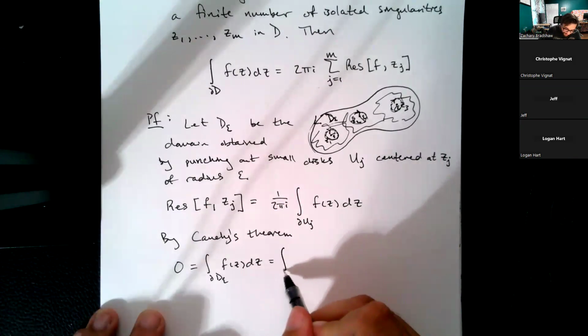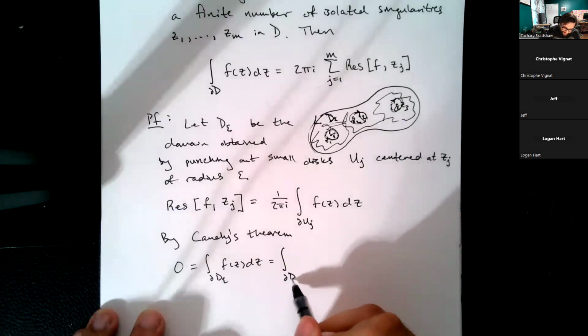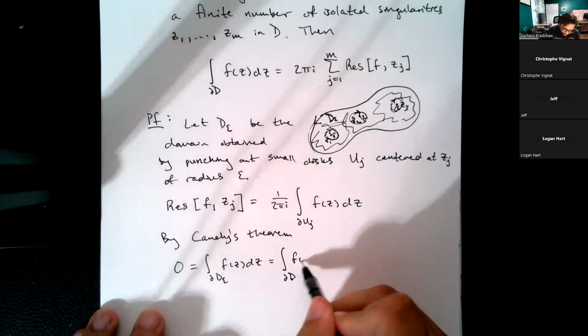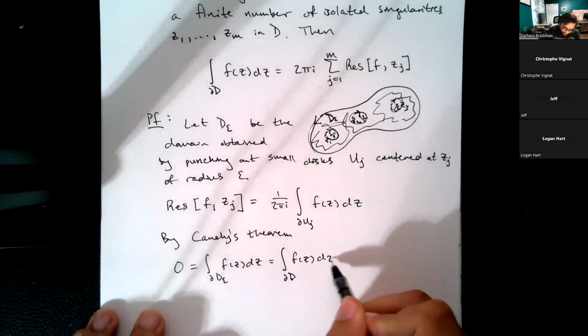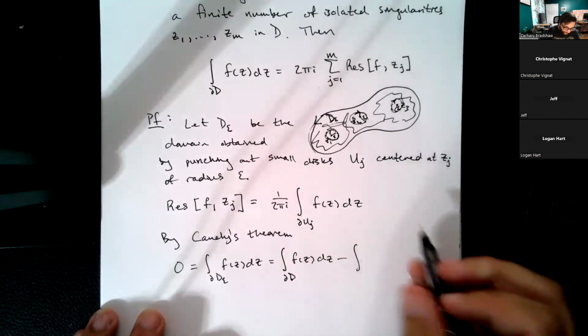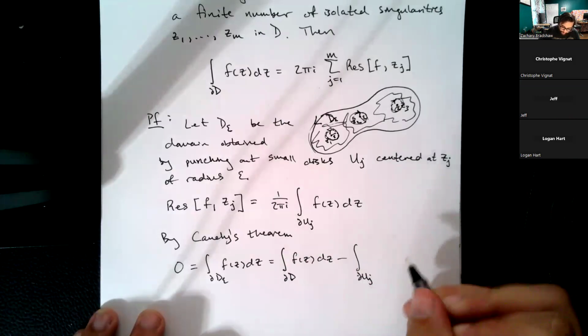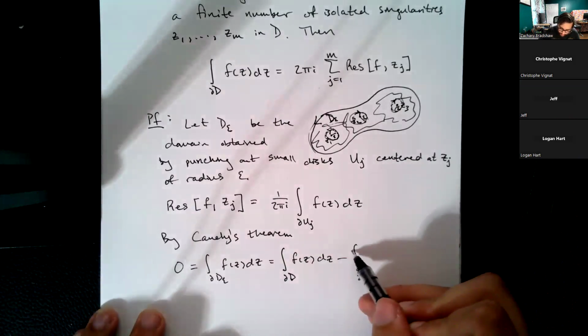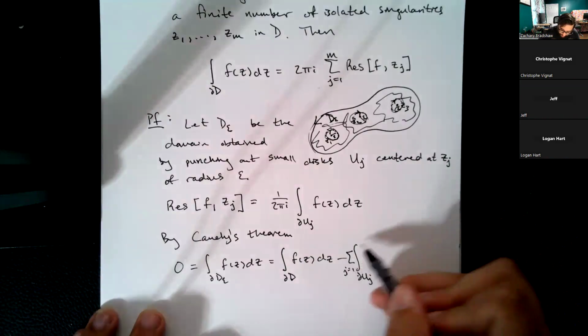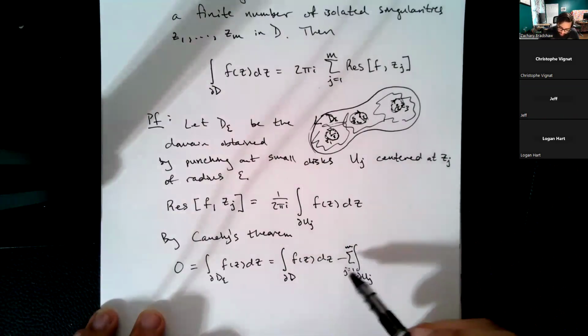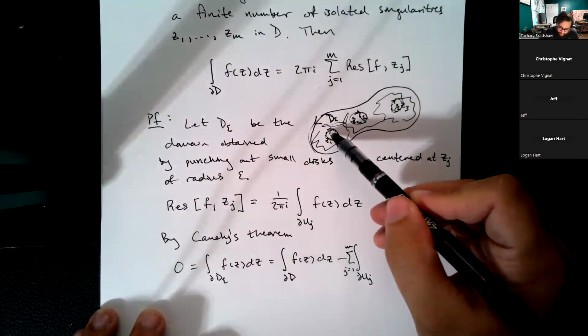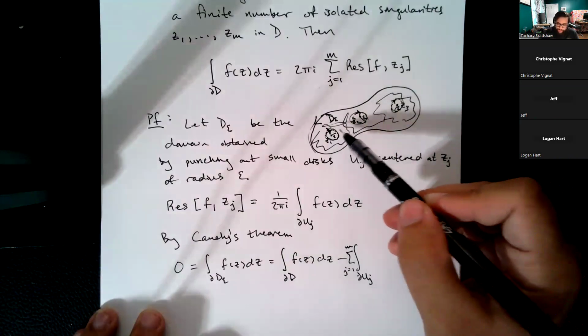And what is this? Well, this is the integral along the boundary of D minus the sum of the integrals along the boundary of Uj. Why minus? Because the arrow here goes in the opposite direction.